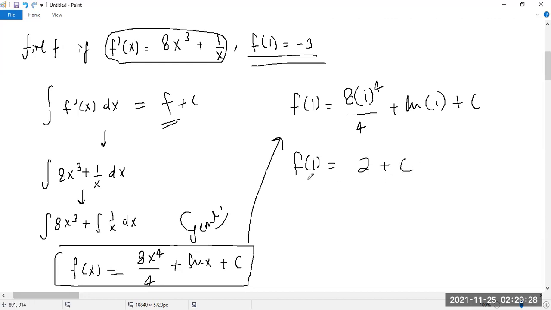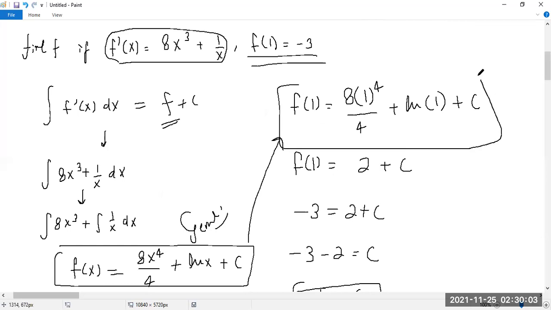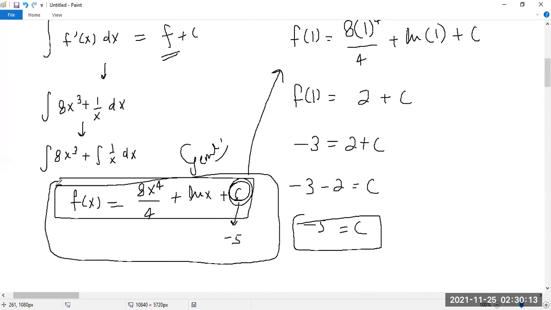So now f of 1 is -3, so -3 equals 2 plus c, -3 plus 2 equals c, -1 equals c. Well, actually, taking a step back here, once I take 2 to this side, it should actually be -3 minus 2 equals c, so -5 equals c. And so I have my general function, but now I'm just going to replace this with -5, and this would be my function here.